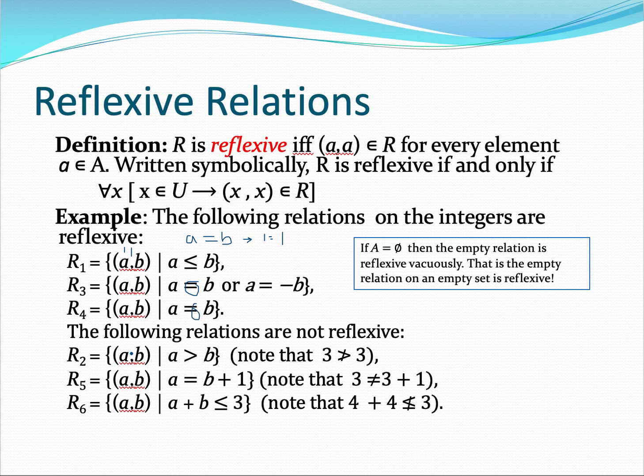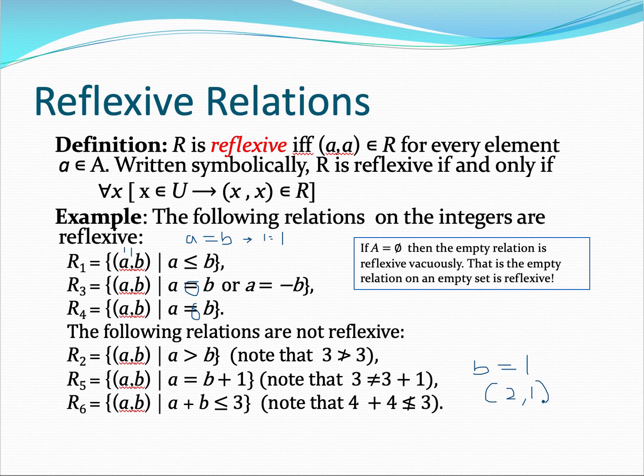But for R2, R5, R6, if you see here, for R2 there is no equality. And for R5, let's say a is 3 and b is equal to 1, then you will get the pair 3, 1.